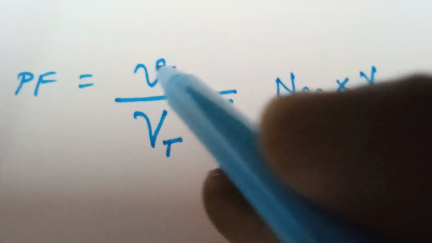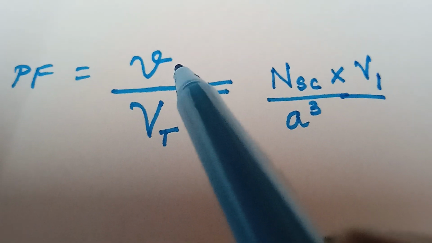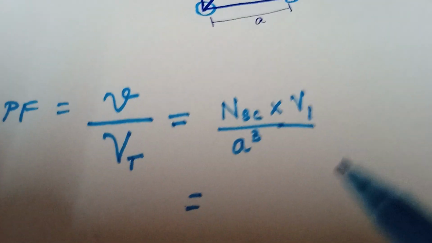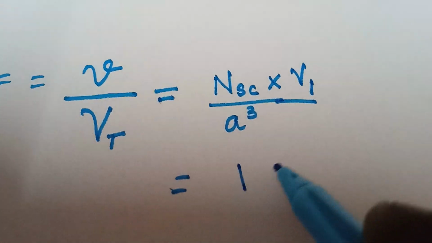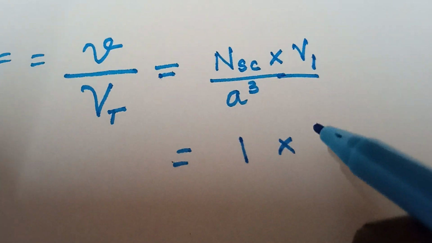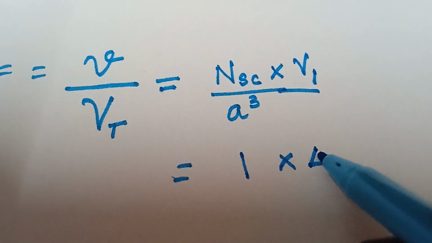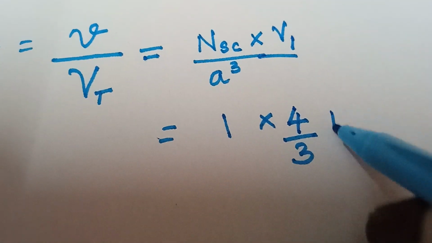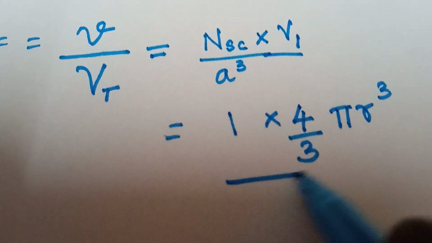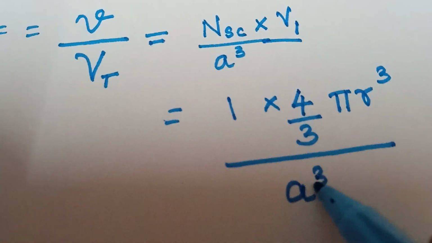N for SC is 1, and the volume of a spherical atom is 4 by 3 pi r cube, where R is the radius of the atom, divided by A cube.